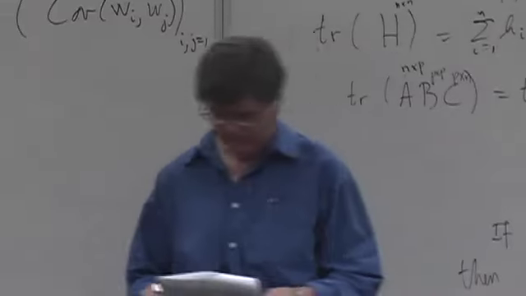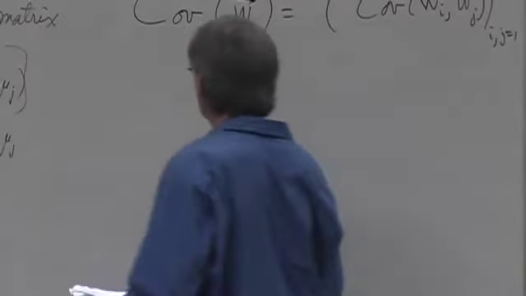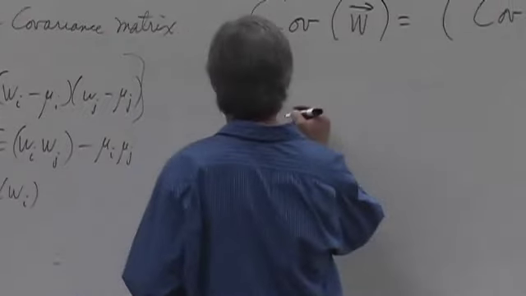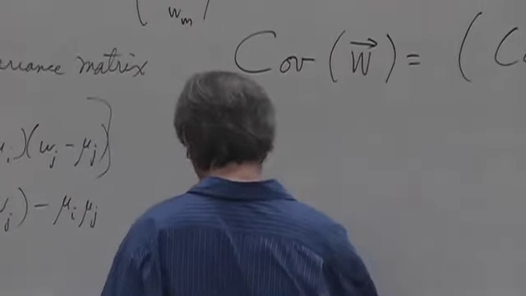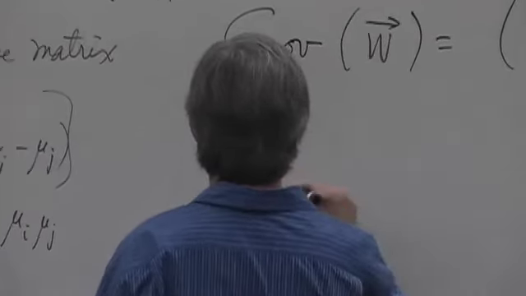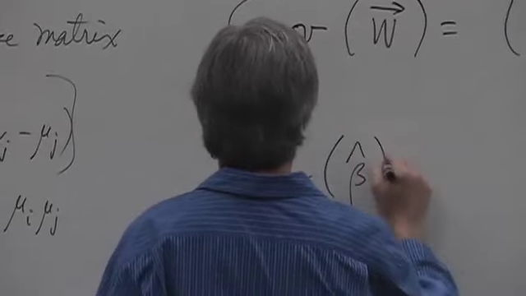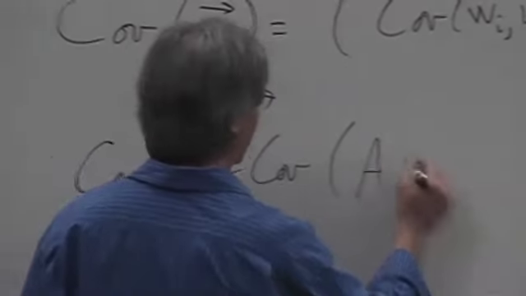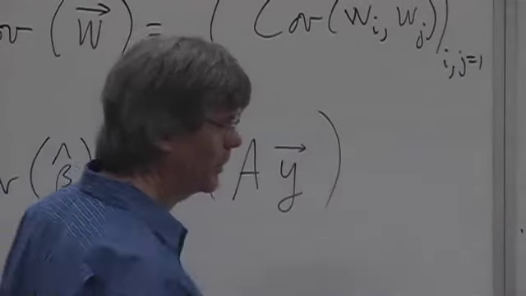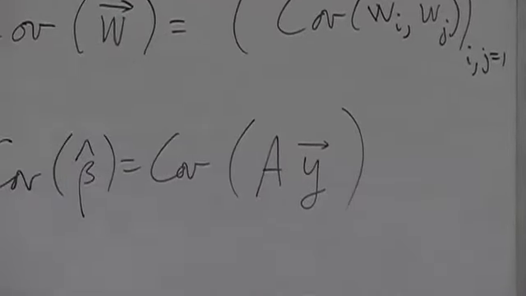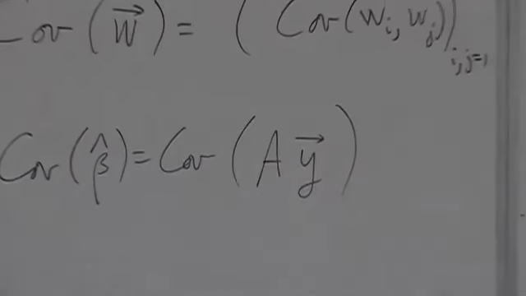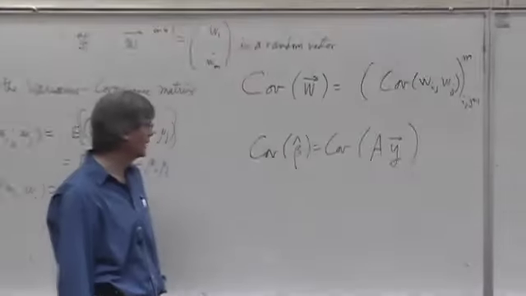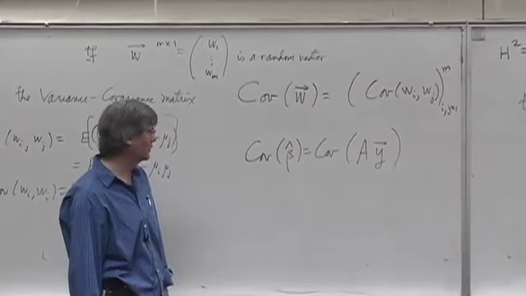All right. So now, what's the covariance matrix of beta hat? That's the covariance matrix of A times Y for some matrix A, which we wrote down over there as X prime X inverse X prime. How do you calculate the covariance of a matrix times a vector?